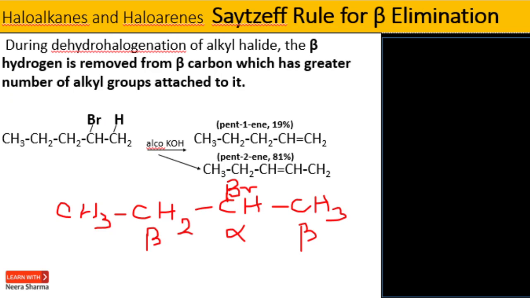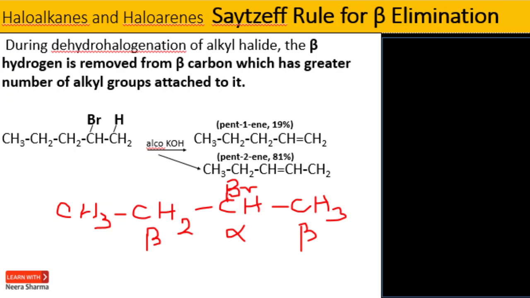And then one more reaction mechanism you should know. This is called the Saytzeff rule for beta elimination. During dehydrohalogenation, that means if I treat the alkyl halide with alcoholic KOH, the hydrogen is removed with Br, forming a double bond, an alkene.